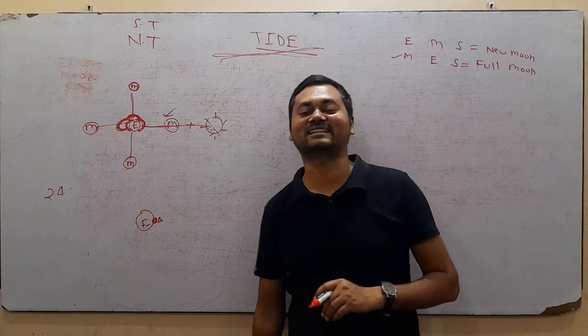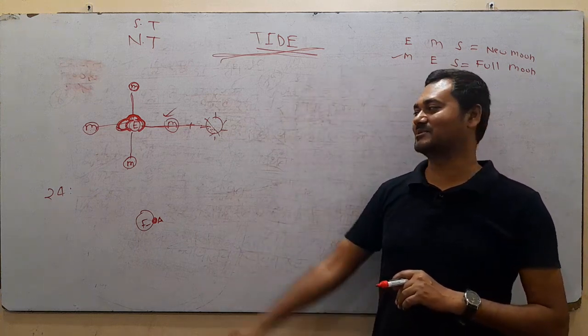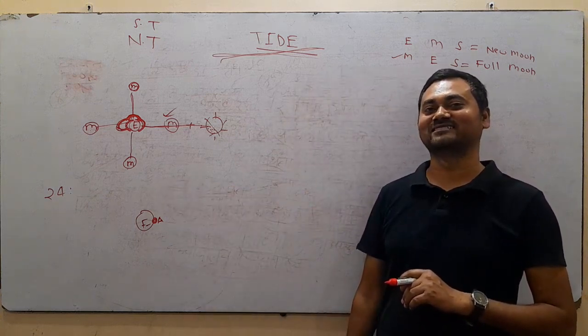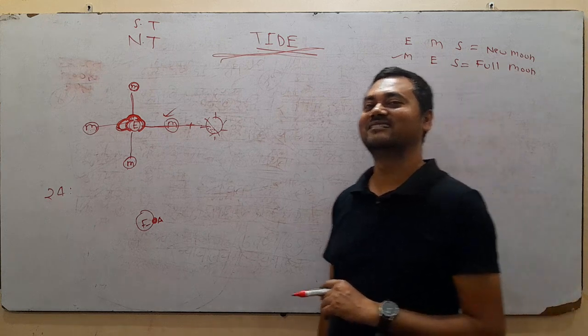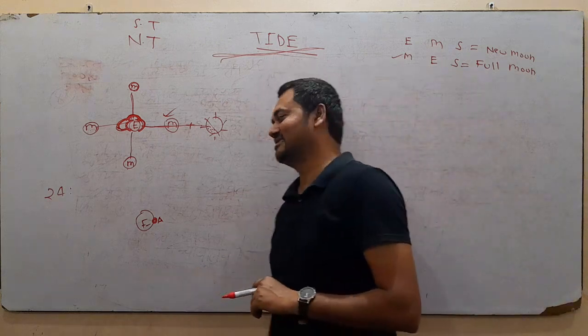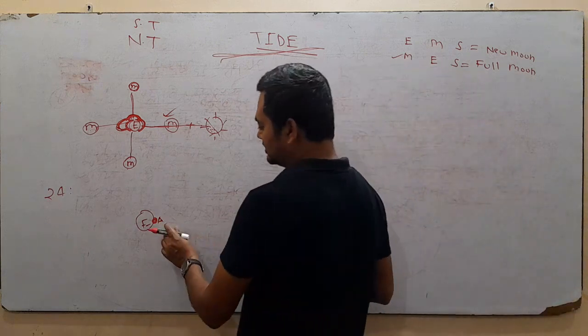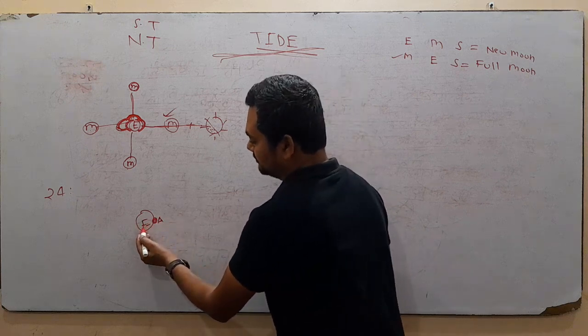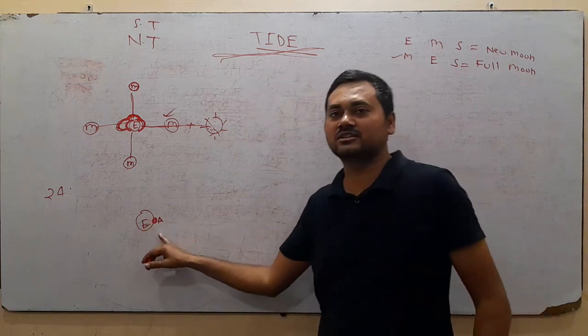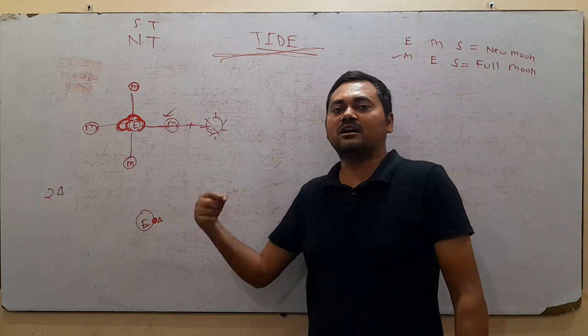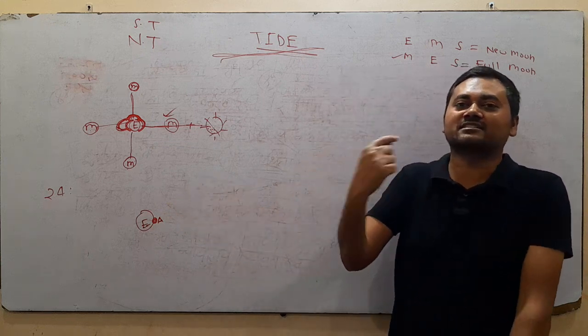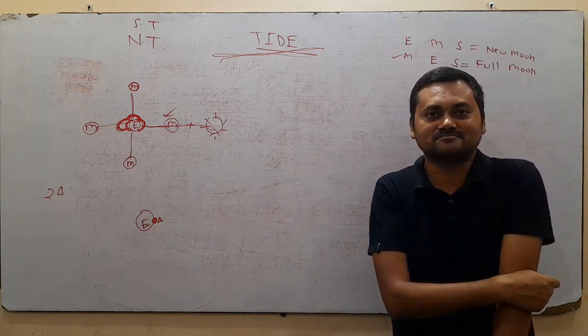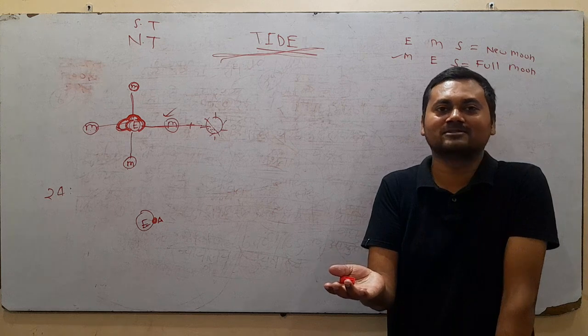No, it is not right. By the way, 12 is not in the options. So let's concentrate on this factor. Look, the earth is this, and we know the earth completes one rotation in how many hours? 24 hours.